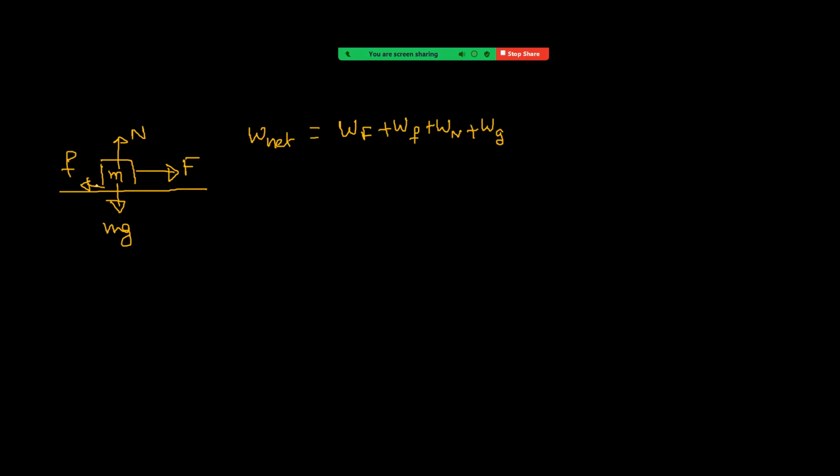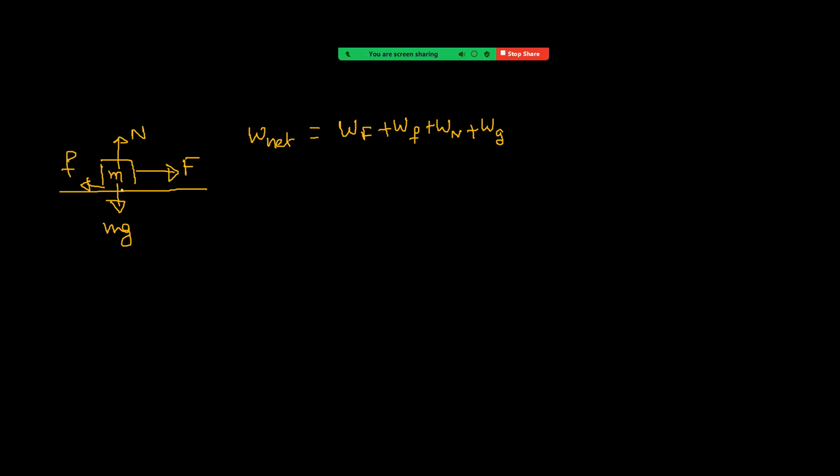By friction, it will be negative. By normal reaction, no work is done. By gravity, no work is done. So taking the algebraic sum of all these gives us the net work done. This is one way of calculating net work done.